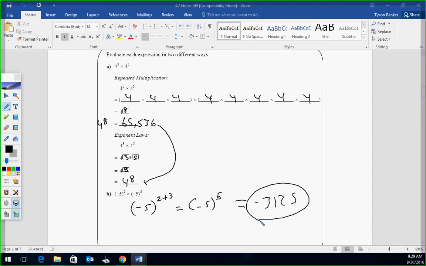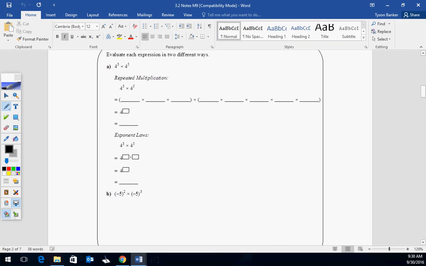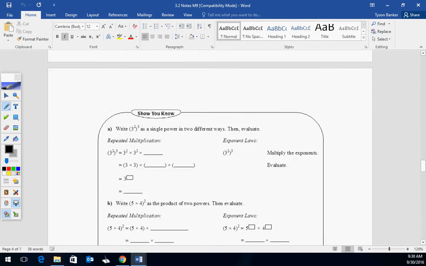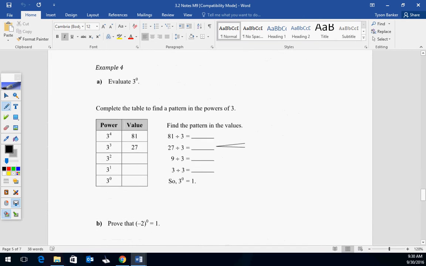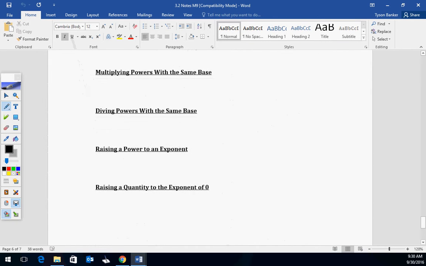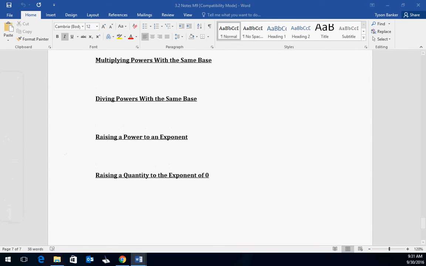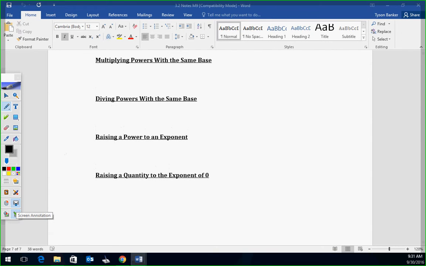Okay, perfect. Let's scroll to the last page, and we're going to write in that law now. We're going to write it in general terms. Anybody know what that means?